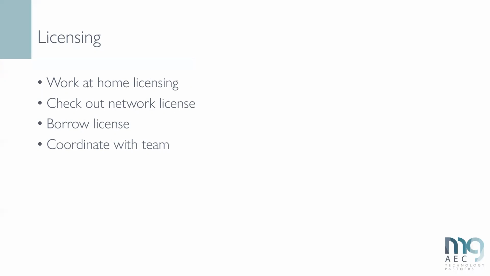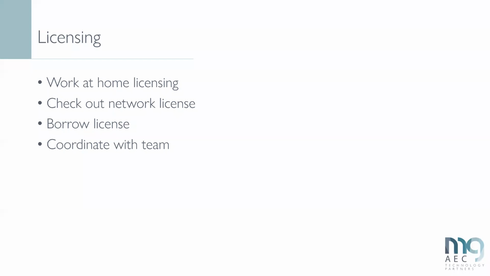If you do have standalone licenses, you can check out your network licenses. You can borrow standalone licenses that are pinging a license manager on your server. And then the one that I didn't touch on yet was the work at home license. There's information, again, out on the Autodesk website around all of these different options to take that licensing off of the server and actually replicate that at home.